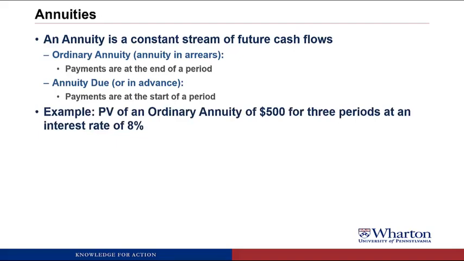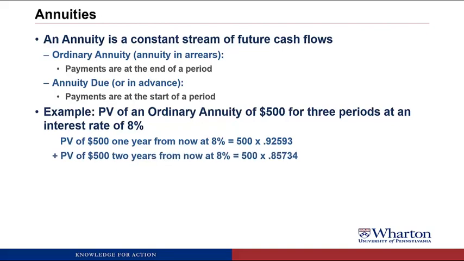How do you figure out the present value of an ordinary annuity of $500 for 3 periods at an interest rate of 8%? Well, you're getting the present value of $500 1 year from now at 8%, which would be 500 times the present value table rate of 0.92593, plus the present value of the $500 that you receive 2 years from now, discounted back at 8%, plus the present value of the $500 that you receive 3 years from now, discounted back at 8%.